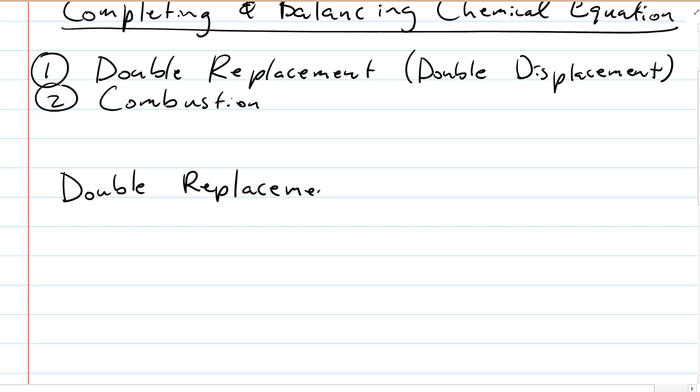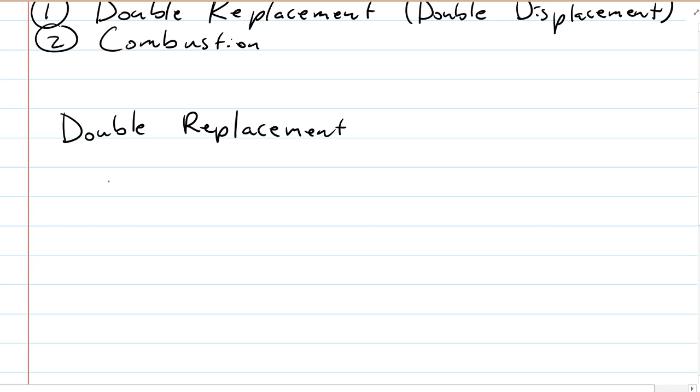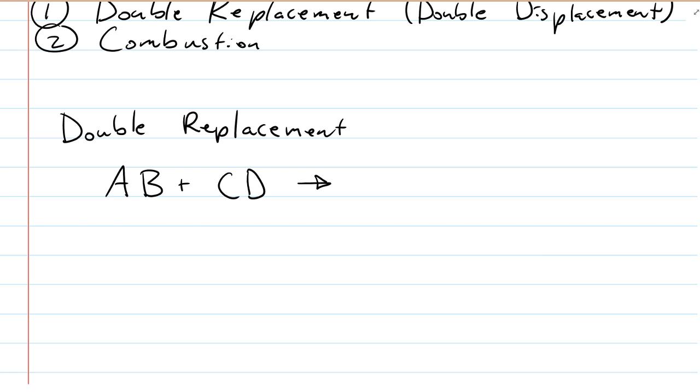Now, in a double replacement reaction, we have a setup like this. We have AB plus CD, where AB and CD represent ionic compounds. And what happens then is that the positive ions trade places.